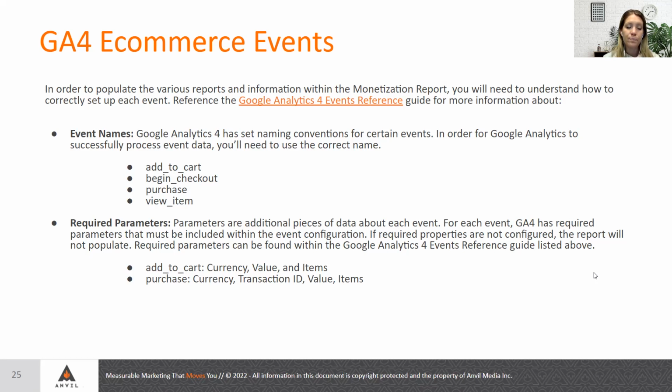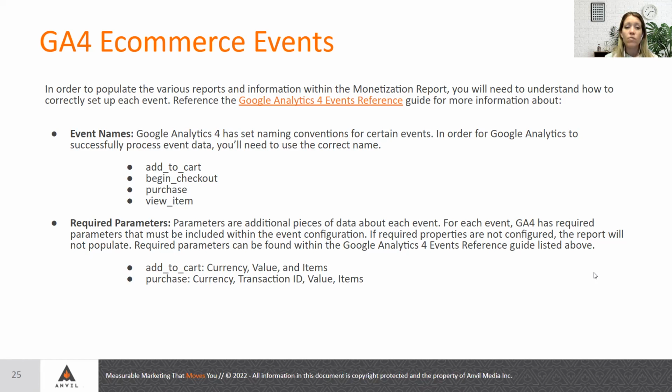But looking at some of the events that we've already introduced. For add_to_cart, the required parameters would be the currency, the value or the cost of that particular shopping cart at that moment, and then also the items, so the products that are actually within the cart.